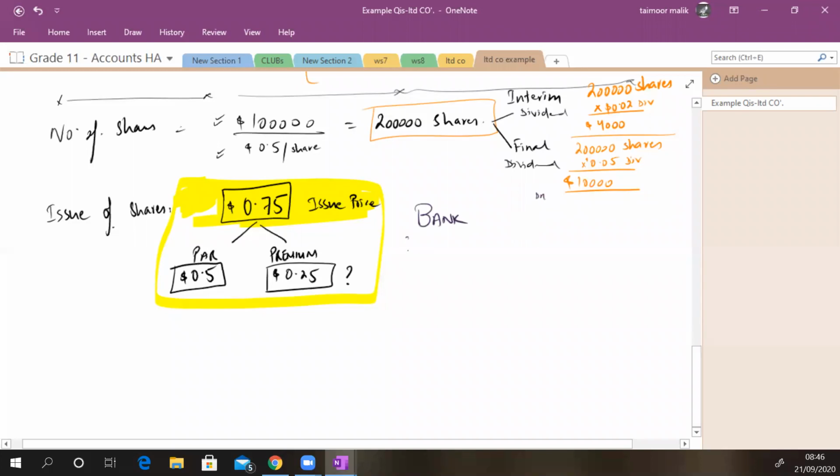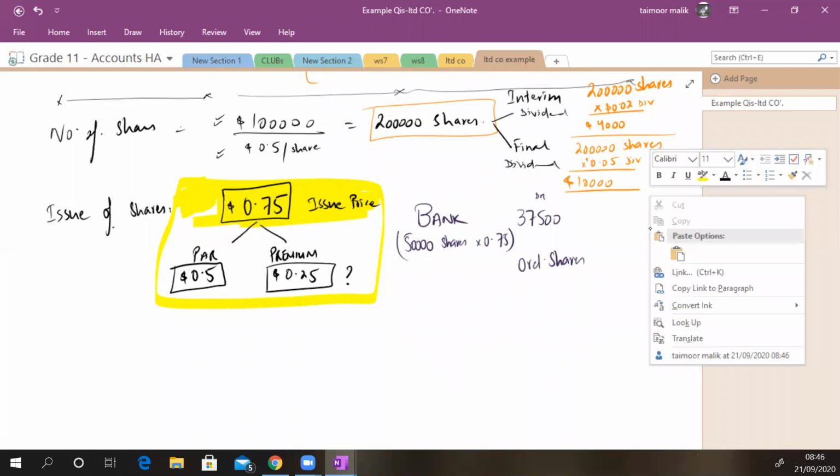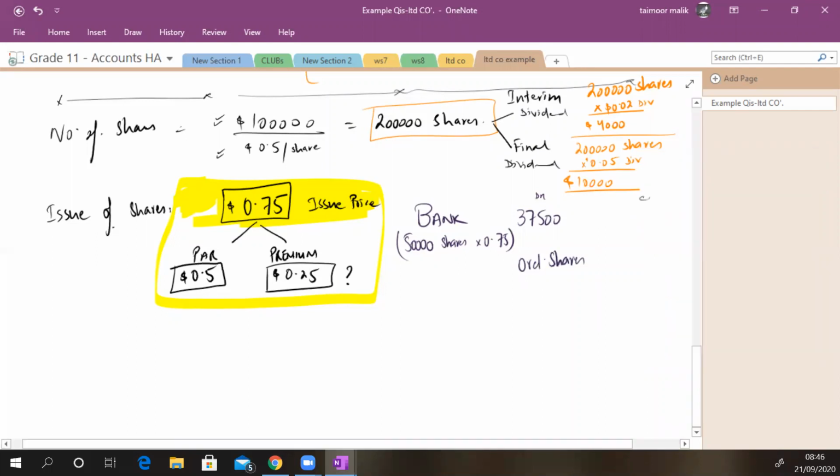डेबिट 50,000 into 0.75, 37,500. Ordinary shares credit 50,000 into 0.5.